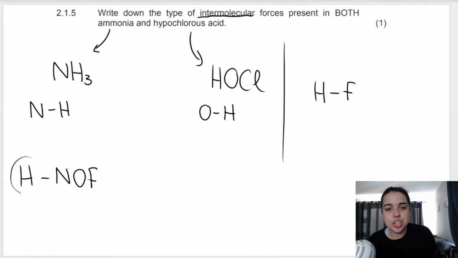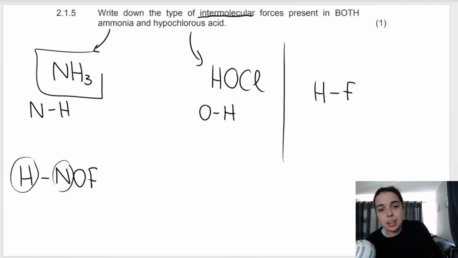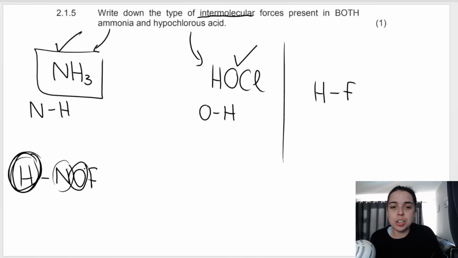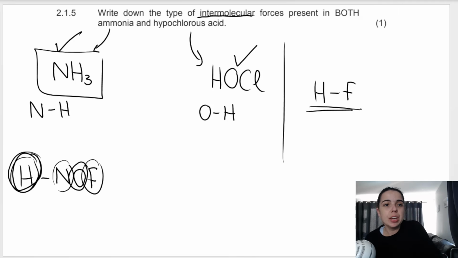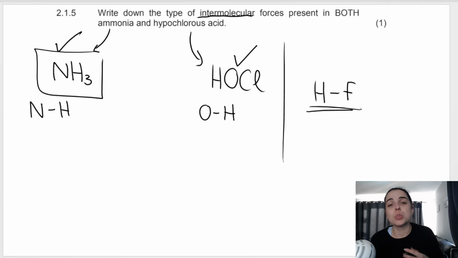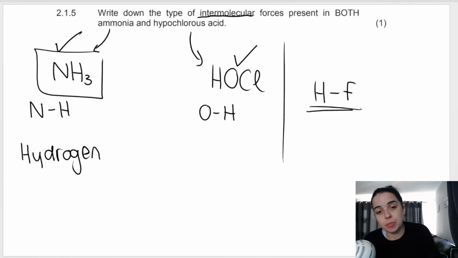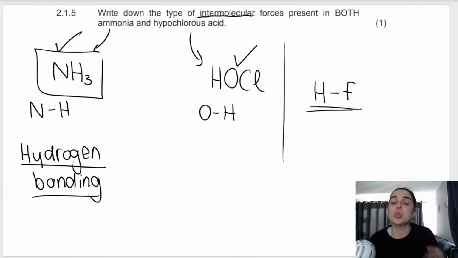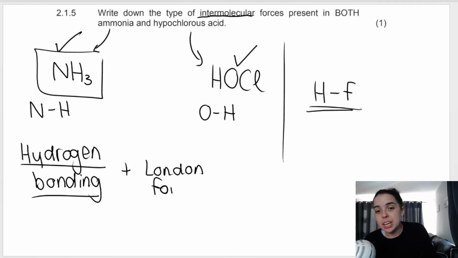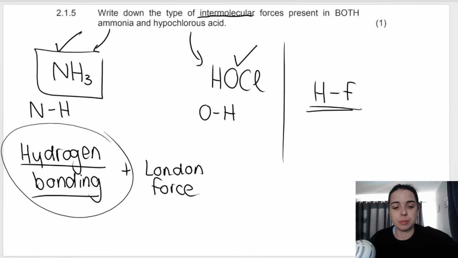So if hydrogen is bonded to nitrogen, like in ammonia, or hydrogen is bonded to oxygen, like in this acid over here, or to fluorine, then between your molecules you will have hydrogen bonding. So both ammonia and hypochlorous acid have hydrogen bonding between their molecules, and also London forces, because London forces exist between everything. But the answer they're looking for in this question is hydrogen bonding.